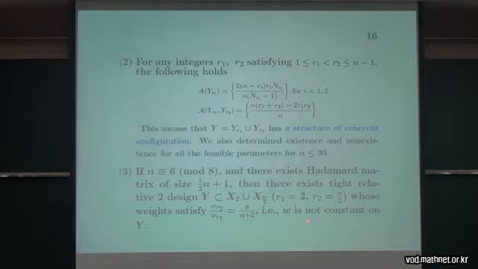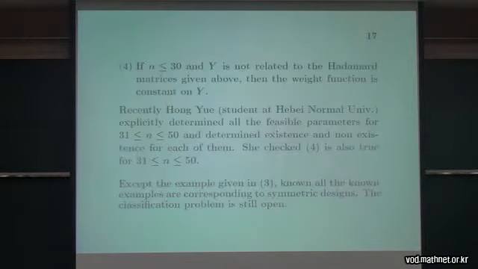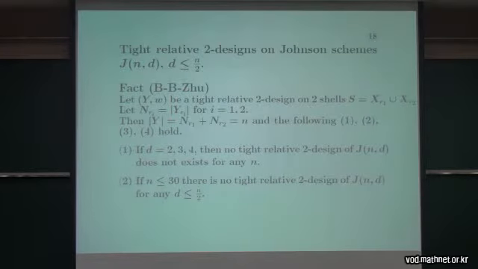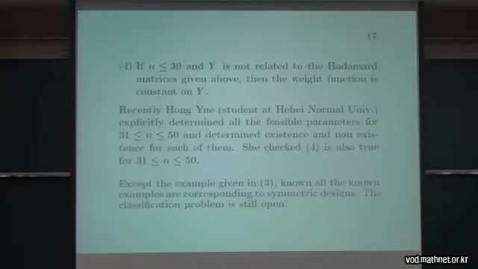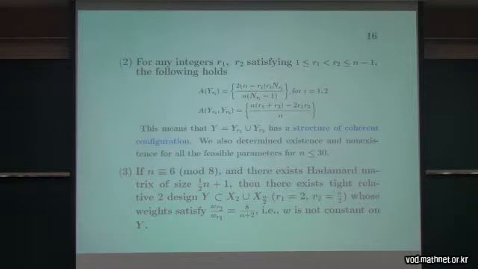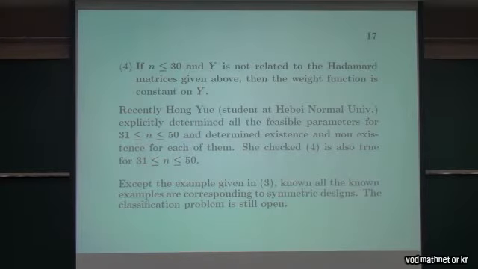So w is not constant on Y: constant on each shell, but not constant on Y. And if n is up to 30 and Y is not related to this construction, then the weight function is constant on Y.